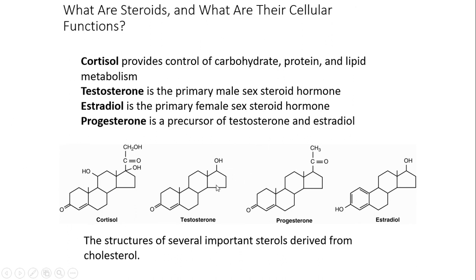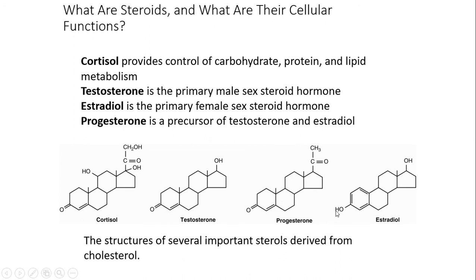Progesterone is a precursor to both testosterone and estradiol. Not sure if you knew that, but take a look at estradiol versus testosterone. We've got a hydroxyl group here that's replicated here. The only difference is in this part of the ring where we have a carbonyl group.